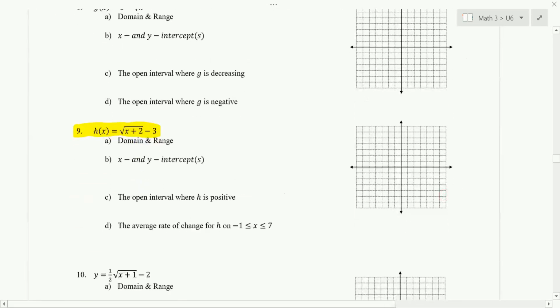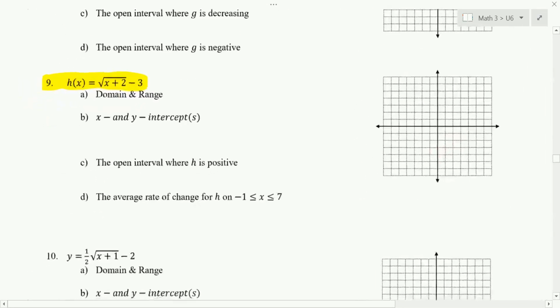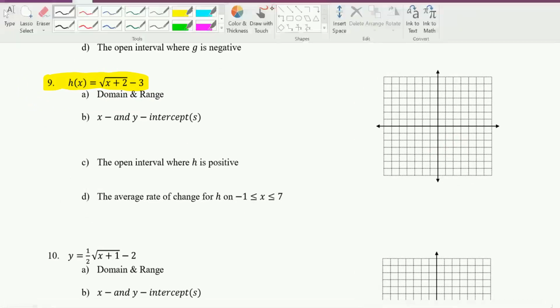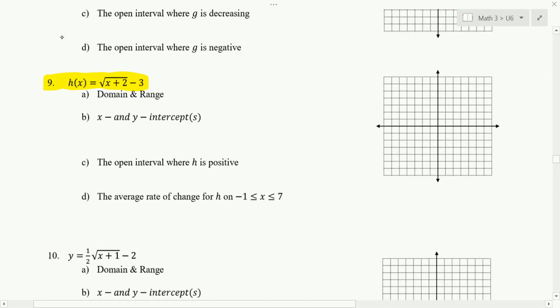Lastly, I want to take a look at number 9. Again, we were asked to first graph this, and we're going to start with the translation. We're moving left 2 units and down 3 units from (0, 0). And that gives us our starting point. We can check that.